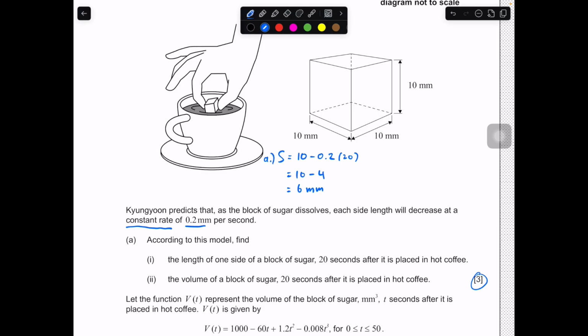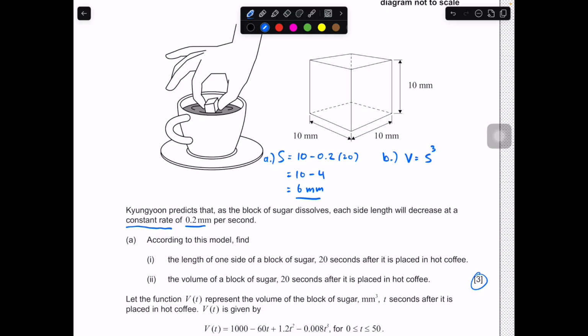Let's go on to part 2. The volume of a block of sugar 20 seconds after it's placed in coffee. We know the volume of a cube. The volume of a cube is given by length times width times height, and length, width and height are all equal. So really, it's just going to be side length times side length times side length, or side length cubed.